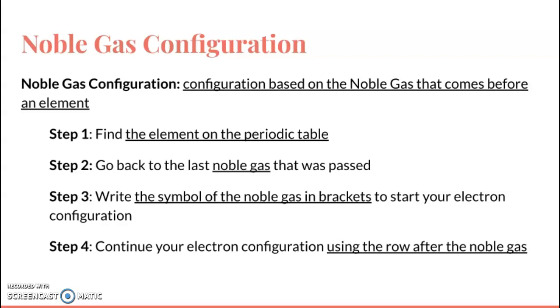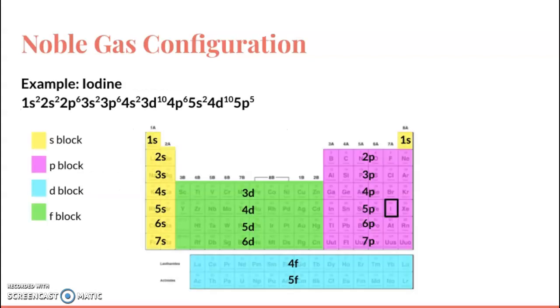So let's look at this example here. I have iodine. This is my full electron configuration. Step 1, we said, was to identify my element. Step 2 is I'm going to go back to the one that was passed, and the one that's passed is just going to be up one row all the way to the right.